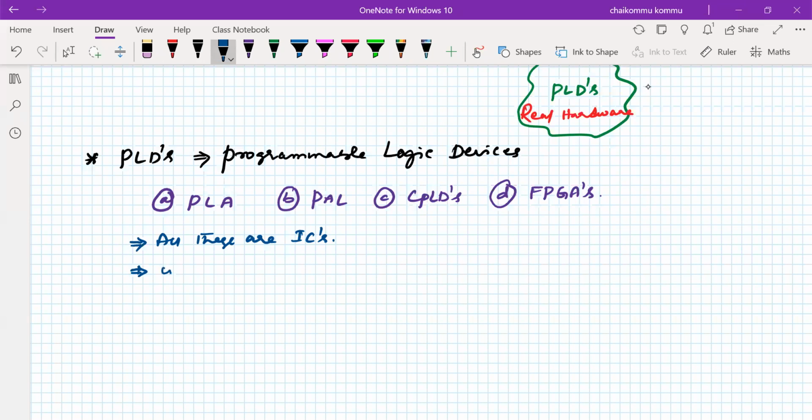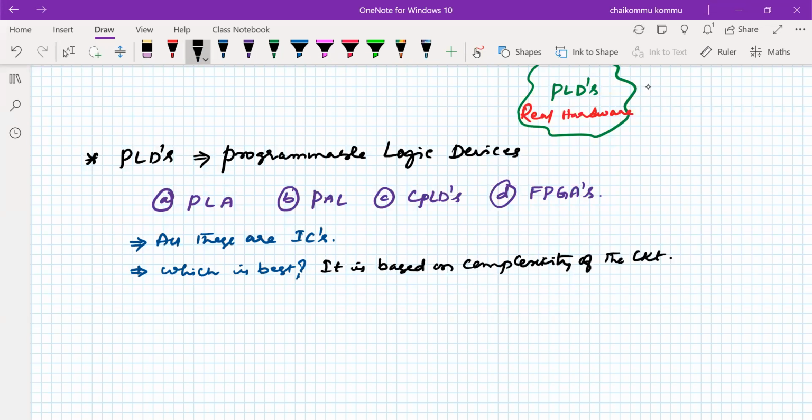Which is best is decided by the complexity of the circuit. Whatever the complexity of the digital design is, depending upon that we choose.